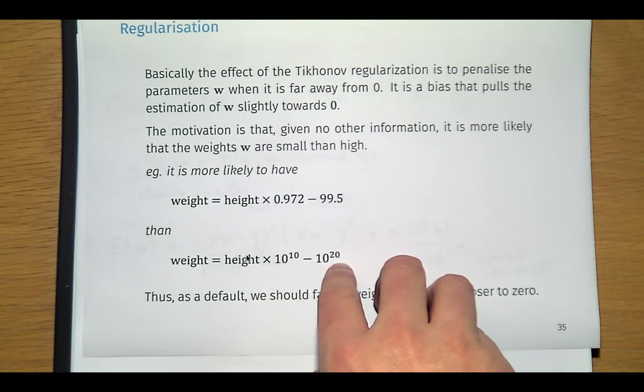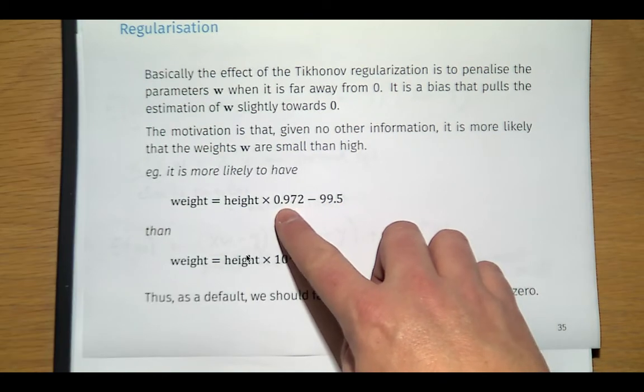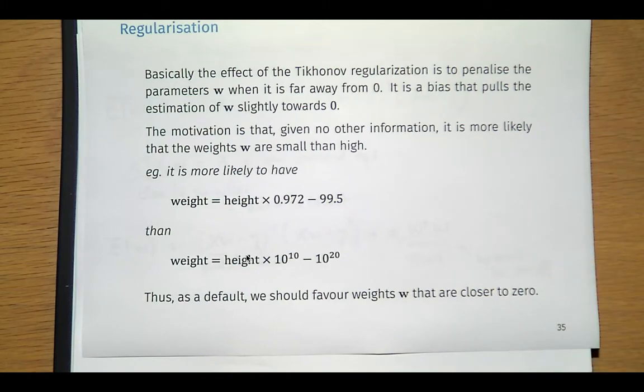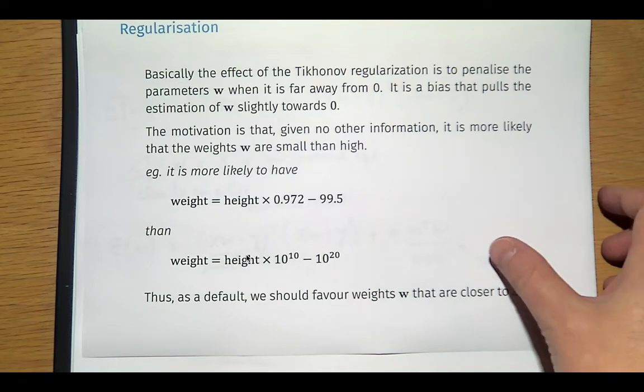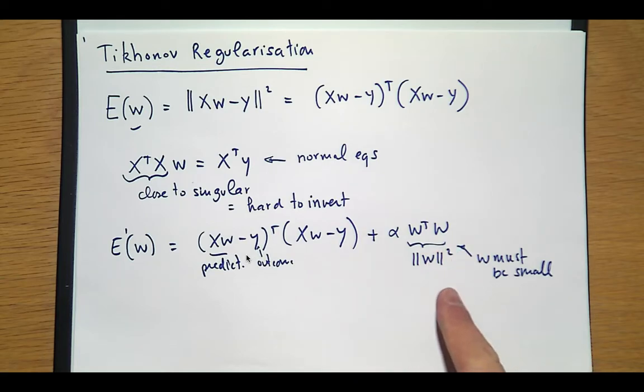Given the choice between the two, you probably want the coefficients to be small, because powers of 10 to the power of 10 are not something you like to manipulate. So it's a reasonable point. All things considered, if I don't know anything more about the weights, I want the weights to be quite small.